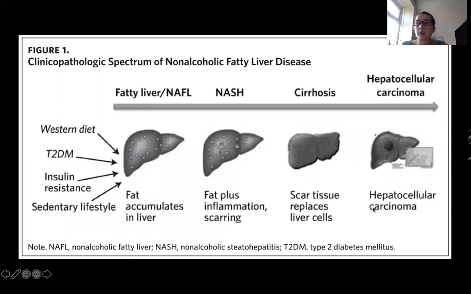This figure showed that a Western diet, which is mostly high in red meat, pre-packed food, butter, candy, and sweets, so a very unhealthy diet, along with type 2 diabetes, insulin resistance, and sedentary lifestyle, leads to increased fat accumulation in the liver and development of fatty liver.